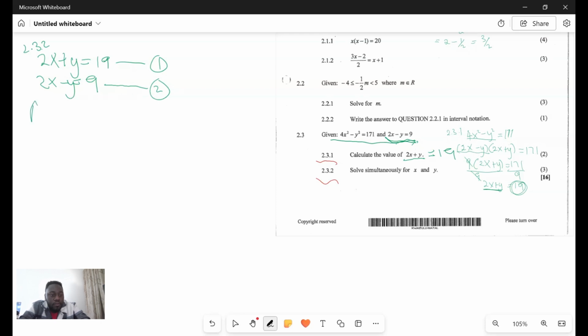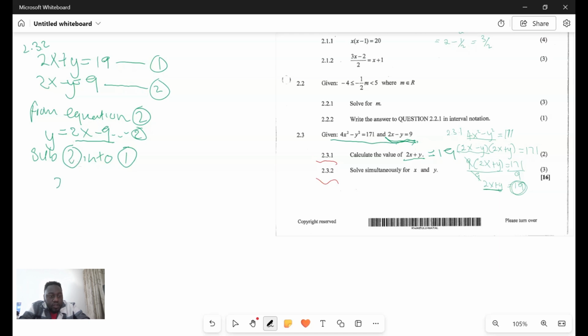So I'll say from equation 2, I make y the subject of the formula, which will just give me 2x minus 9. So this is still equation 2. I'll substitute equation number 2 into equation number 1. So wherever there is a y, I'll place 2x minus 9.